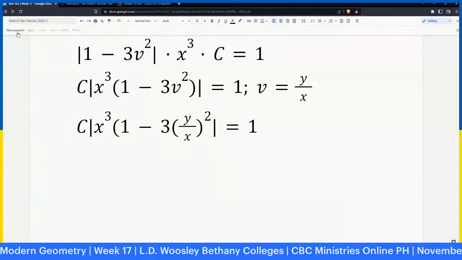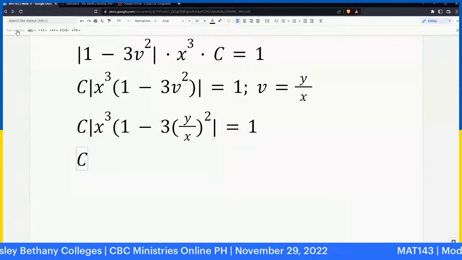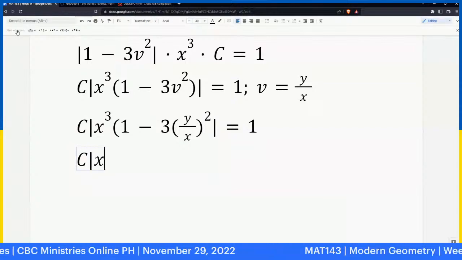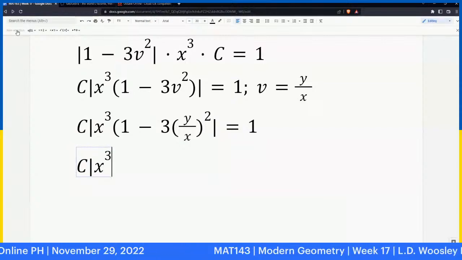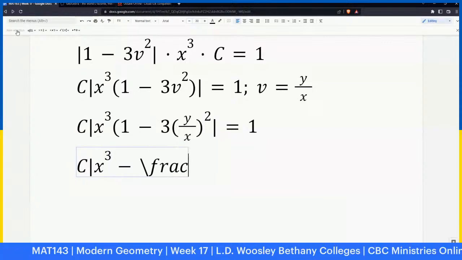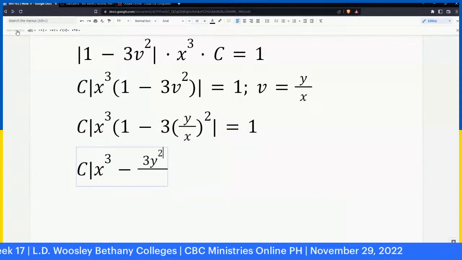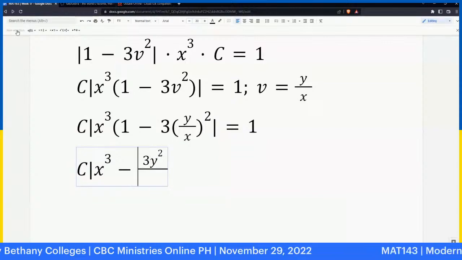Simplifying further. C. Multiply ko na pala, no?